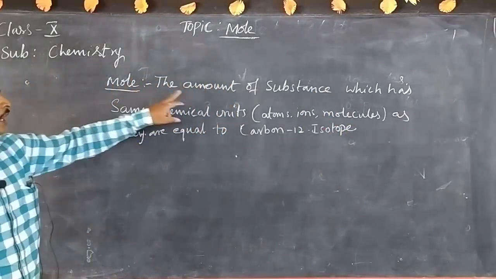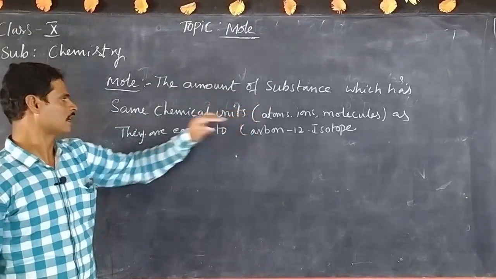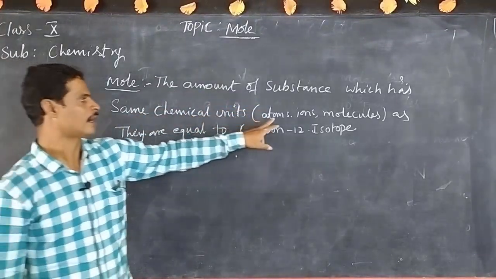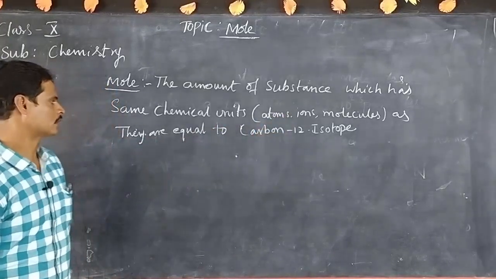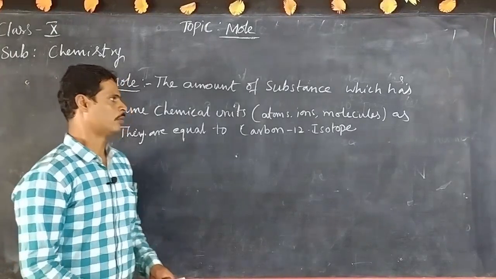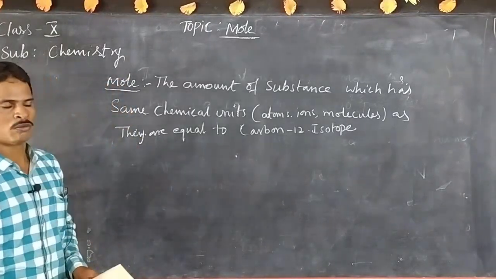What are the chemical units? Atoms, ions, molecules as they are equal to carbon 12 isotope. So this is the definition of mole.